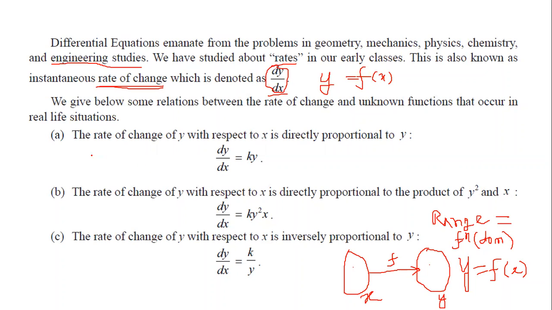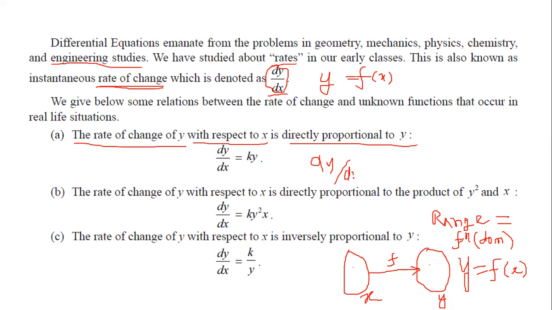Here the rate of change of y with respect to x is directly proportional to y. That can be written as dy by dx equal to ky.